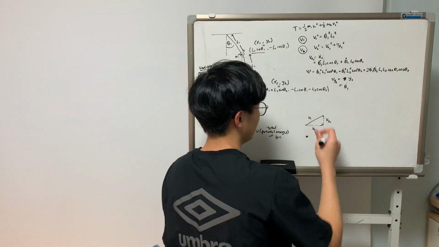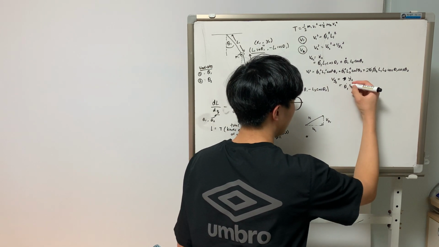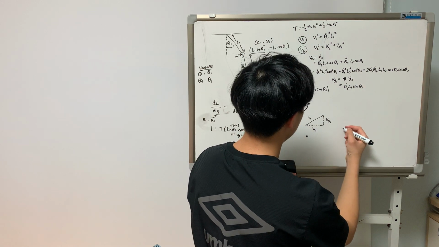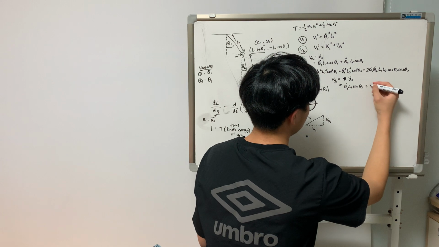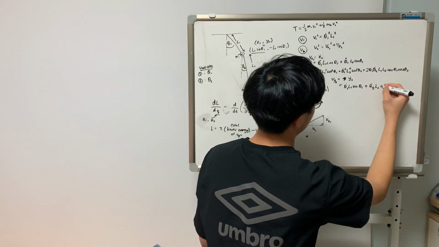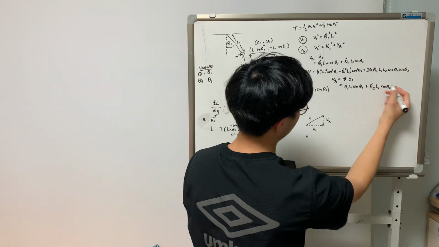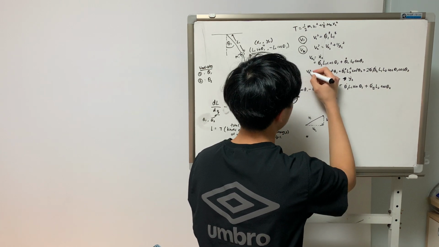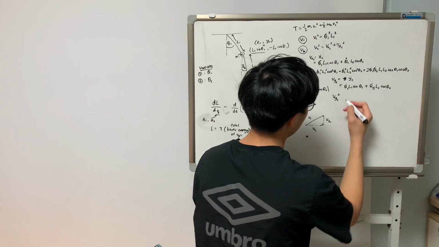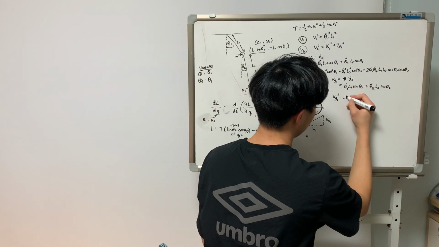And so we get theta 1 dot L1 sine of theta 1 plus theta 2 dot L2 sine of theta 2, and this is going to be squared, so we get the square of the entire thing.